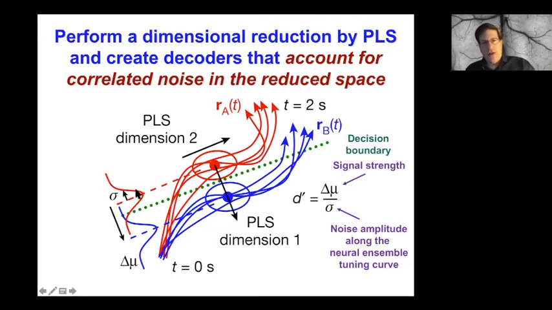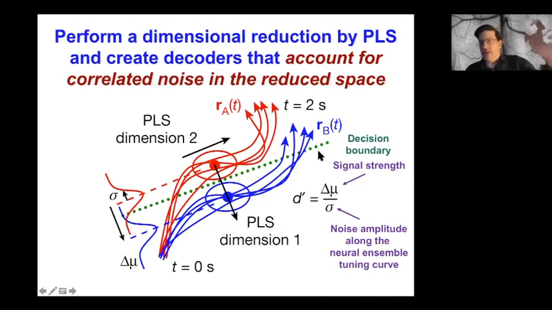So here, this red distribution and this blue distribution represent the projection of activity from these trajectories onto this optimal dimension. Delta mu basically tells you how far they are separated along this tuning curve dimension, and sigma here characterizes the width of these distributions. So you can think of this as a dimensionless separation between these two distributions along this tuning curve, and here we have the decision boundary.